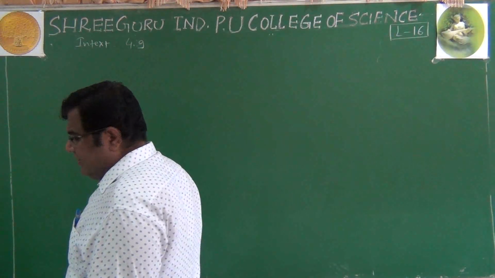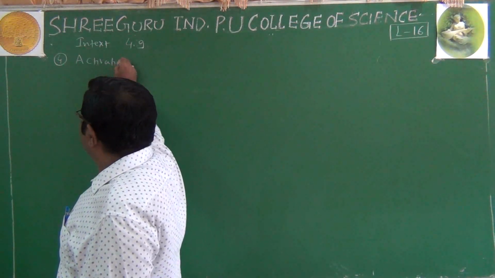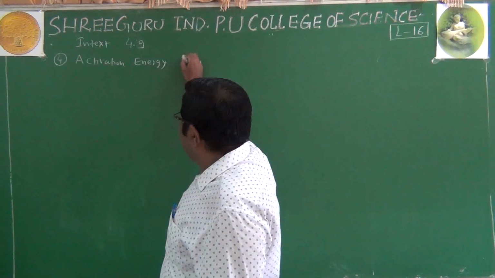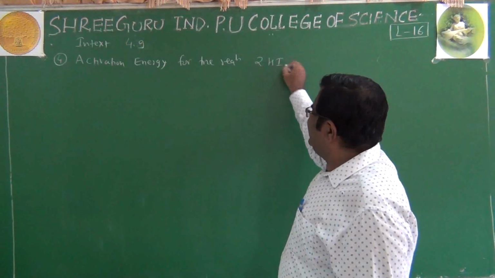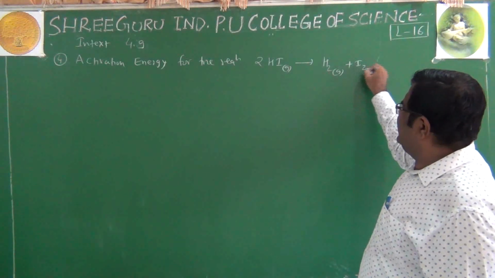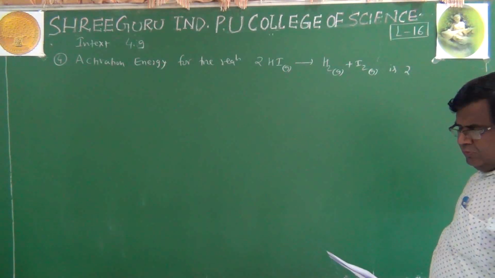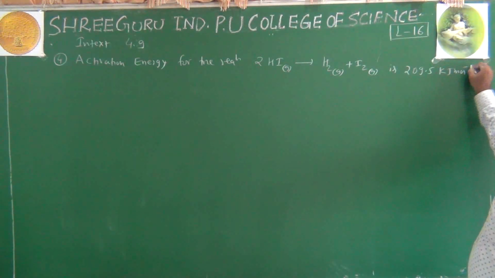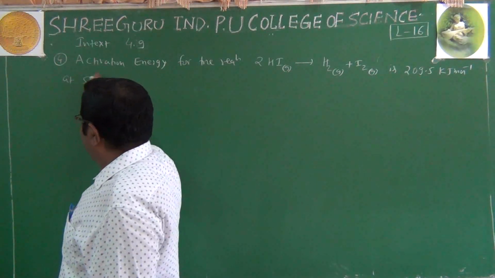The question is, activation energy for the reaction 2HI in gaseous state gives H2 in gaseous state and I2 in gaseous state is 209.5 kilojoule per mole at 581 K.